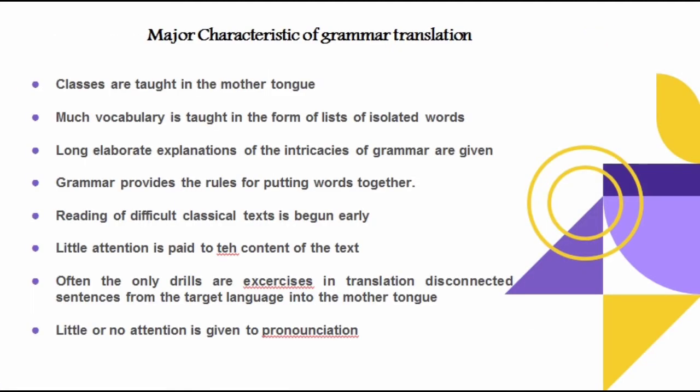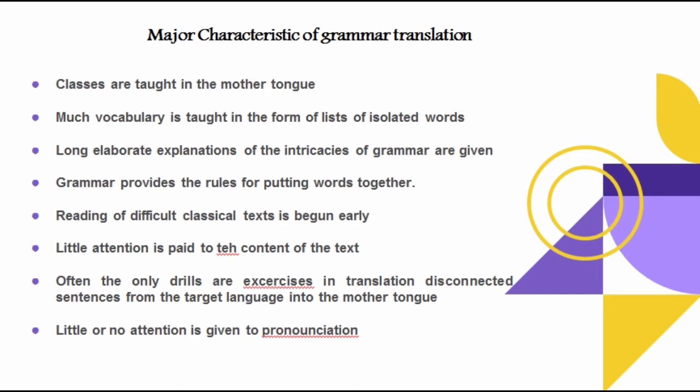There are some major characteristics of grammar translation. The first one, classes are taught in the mother tongue. The second one, much vocabulary is taught in the form of lists of isolated words. The third one, long elaborate explanations of the intricacies of grammar are given. The fourth one, grammar provides the rules for putting words together.